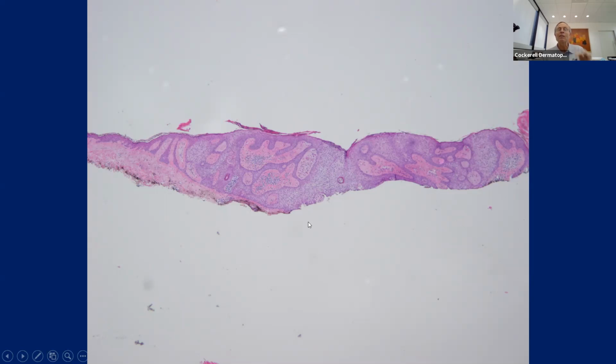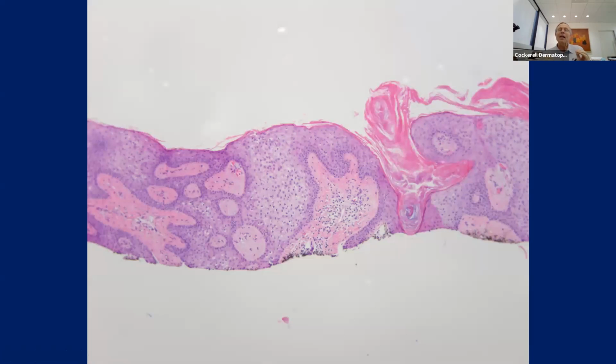And whenever you see this kind of plate-like horizontal distribution, think that it's sort of analogous to the mantle zone, where this thing is maybe developing from. That maybe it's coming from this area and spreading horizontally or laterally. I don't know if that's happening, but that's a way to think about it.